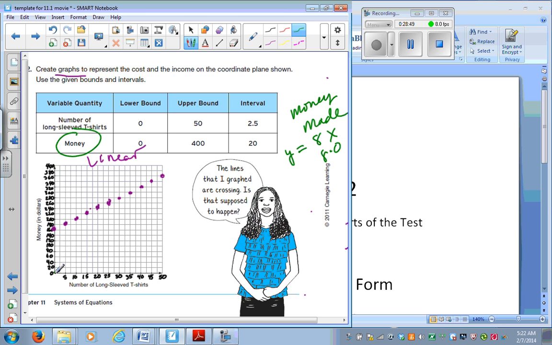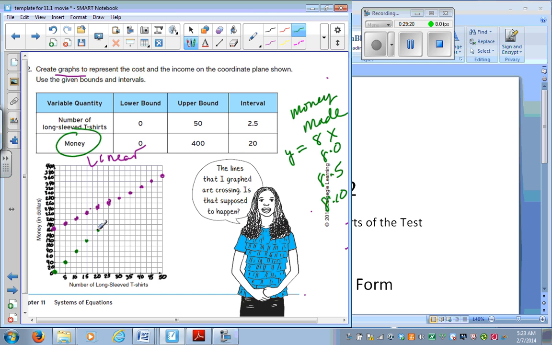So at 0 t-shirts, we would make $0. If we sold 5 t-shirts, 8 times 5 would be 40. Of course, if we sold 10 t-shirts, 8 times 10 would be 80. And etc. I'll keep going up in this direction. For every 5 more t-shirts I sell, that's going to give me another $40. So I'm going to keep adding dots.